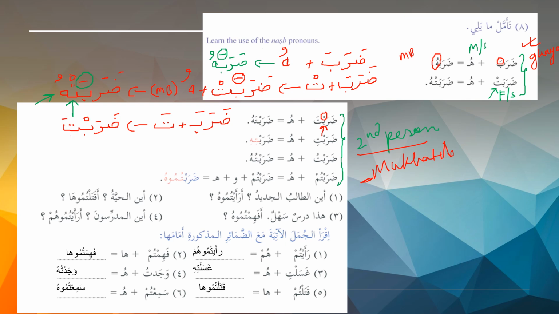So the haraka on the ba changes to sukoon. And it happens throughout the mukhatib group: darabta, darabti, darabtu, and darabtum. Even in the mutakallim group, you will find the sukoon on the ba. For the nahnu, darabna, there is still a sukoon over the ba. So this happens in the first group and the second group, but it doesn't happen in the ghayab group.